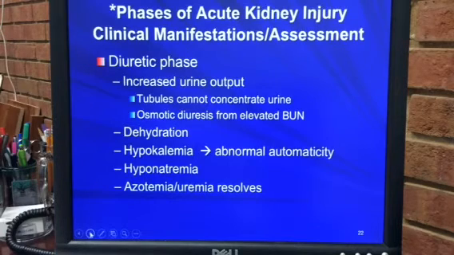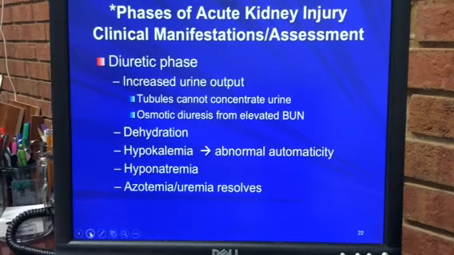Hyperkalemia can produce abnormal heart rhythm, but so can hypokalemia. Hyponatremia can also occur because as the kidneys are diuresing, they're losing lots and lots of sodium. They cannot hold on to the sodium as they should. And so you have hyponatremia.